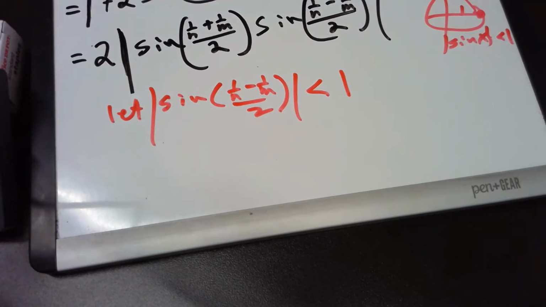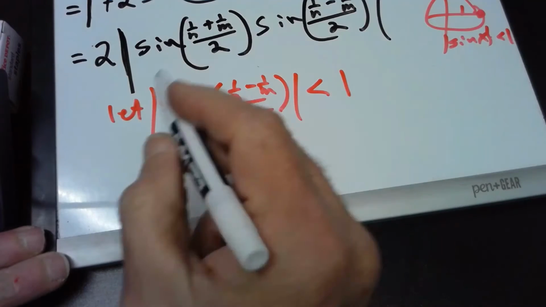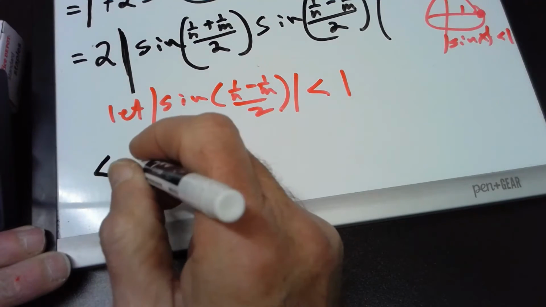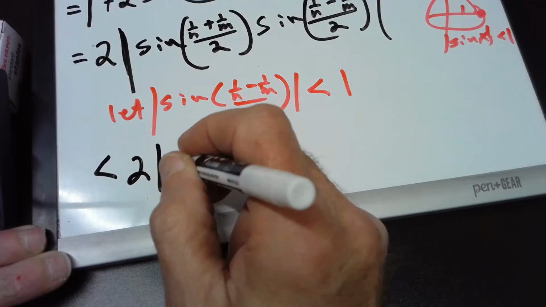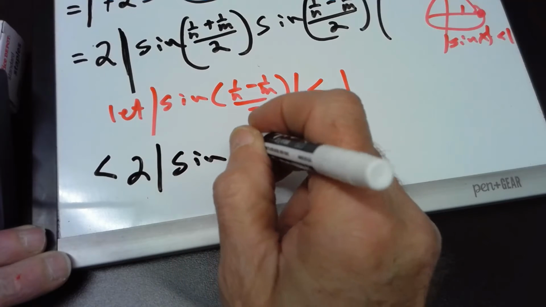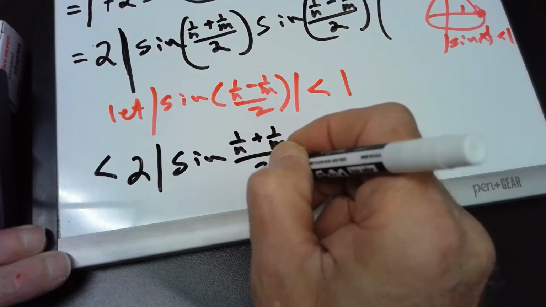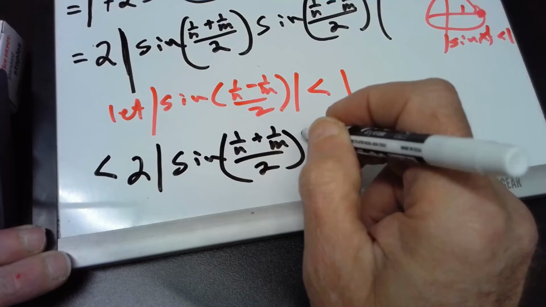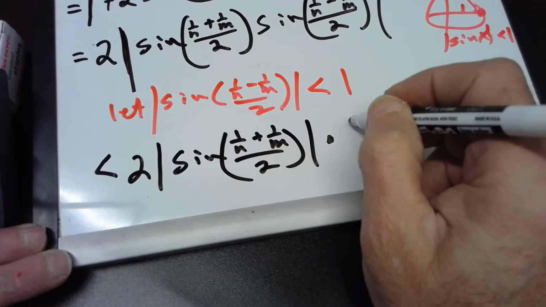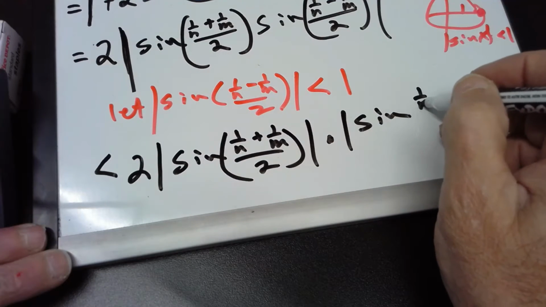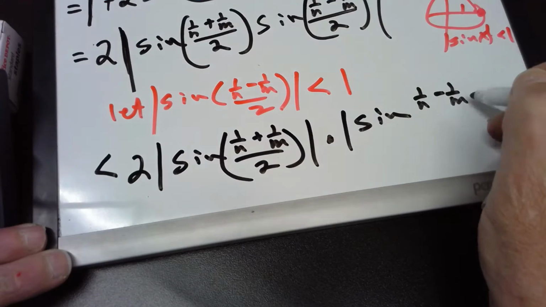So we're saying that this expression is going to be less than 2 times the absolute value of sine of (1 over n plus 1 over m) over 2, times the absolute value of sine of (1 over n minus 1 over m) over 2.